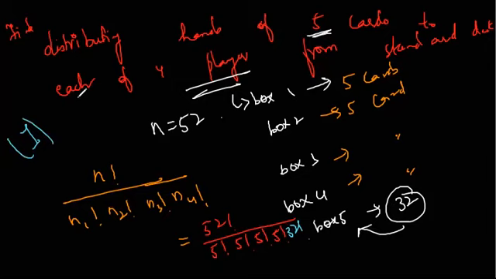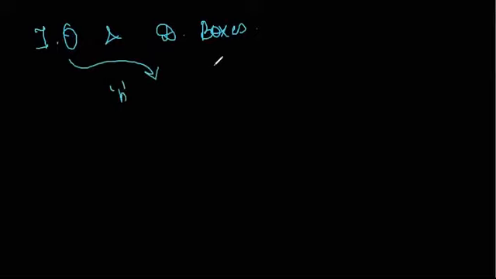Now the second case is indistinguishable objects and distinguishable boxes. This case is similar to placing n indistinguishable objects into k distinguishable boxes.